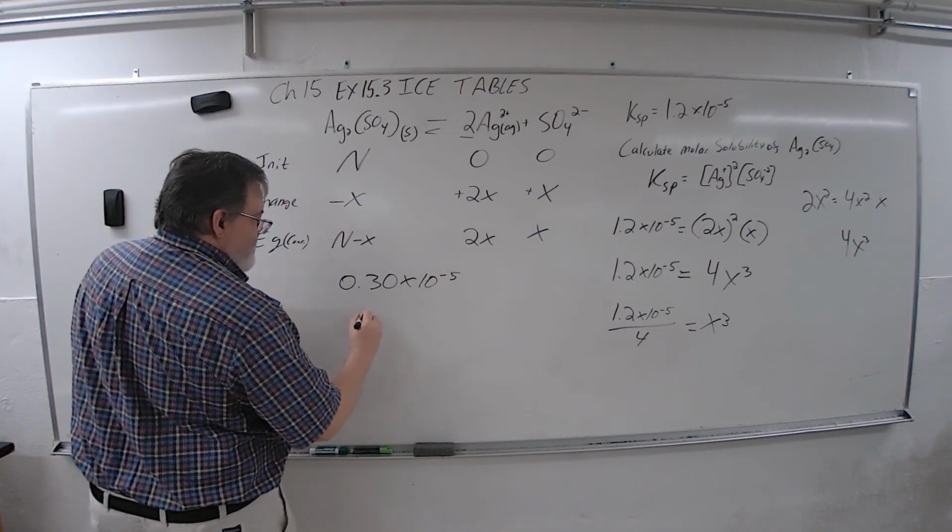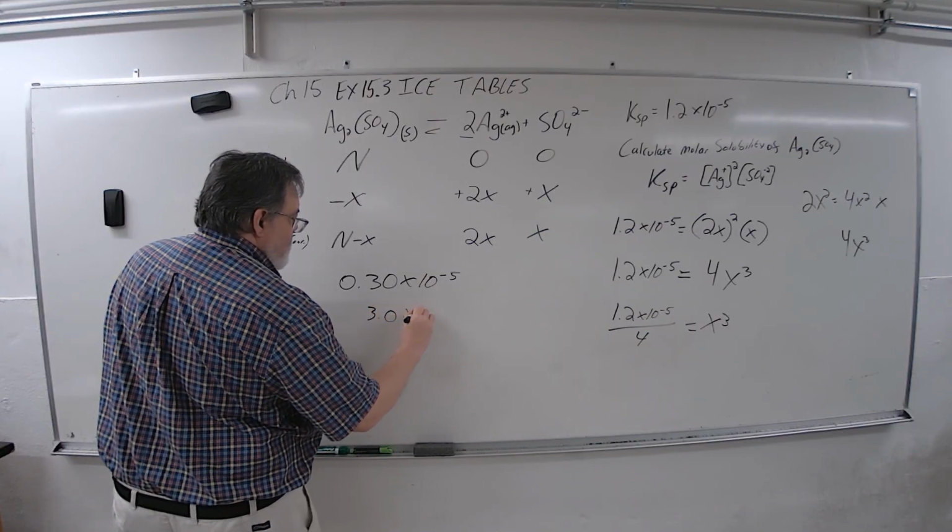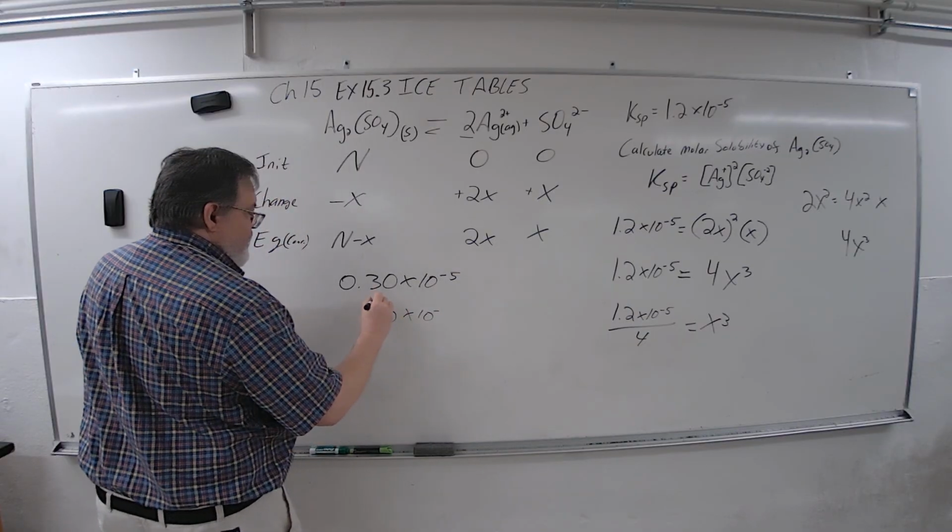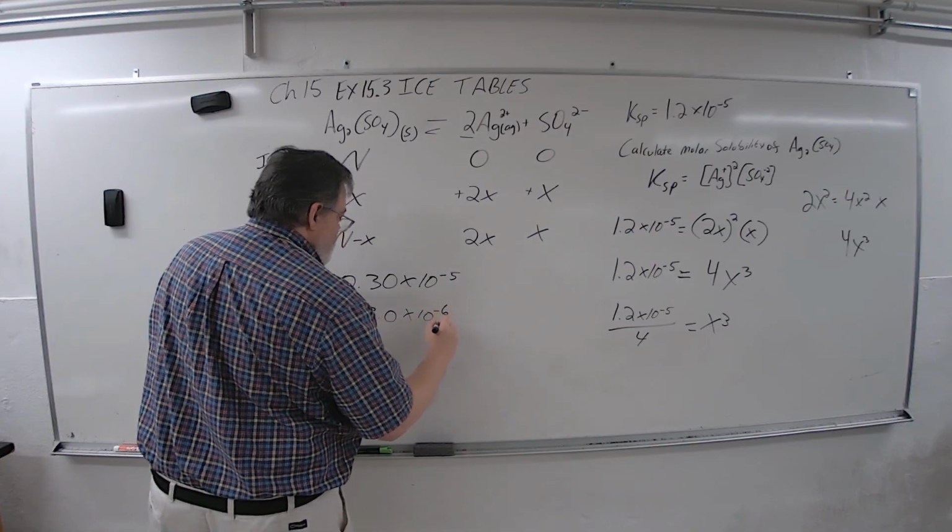So that, and then I guess I would go 3.0 times 10 to the negative 6.